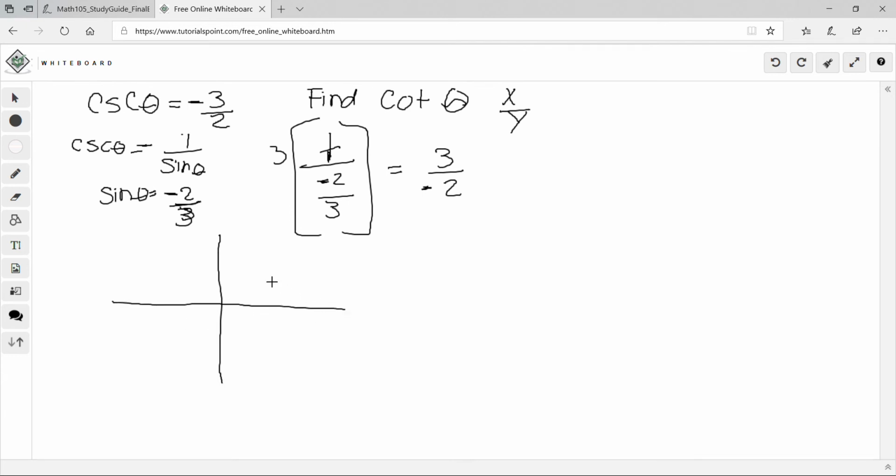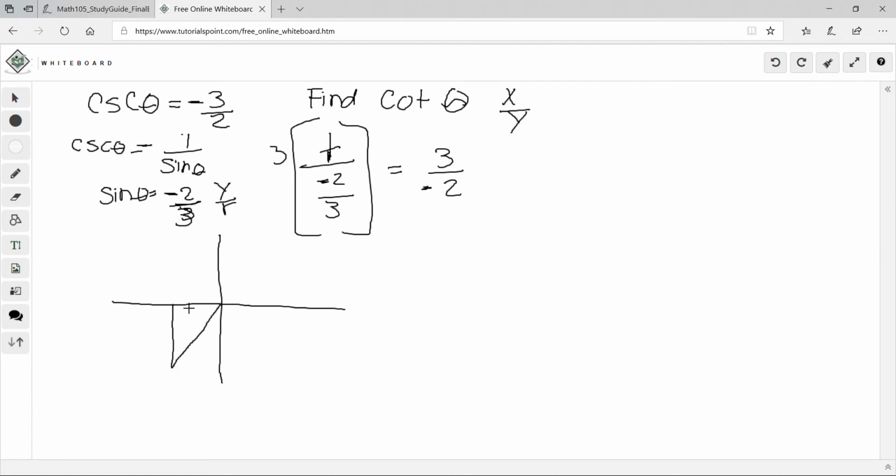So if sine theta is -2/3, we know that sine is y over radius, right? So it'll be in quadrant 3, somewhere like this.